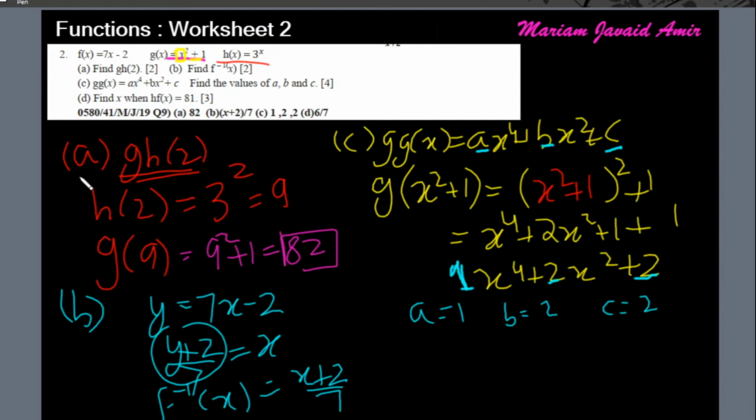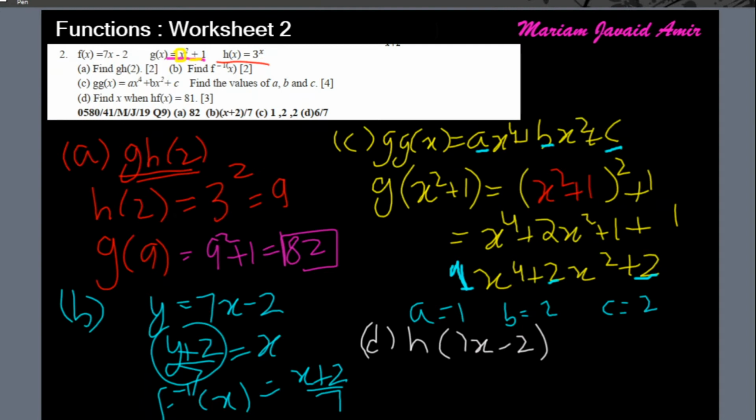Part D, hfx is equals to 81, we have to find x. So for part D, hfx means h and fx was 7x minus 2. So now instead of x we'll write 7x minus 2.